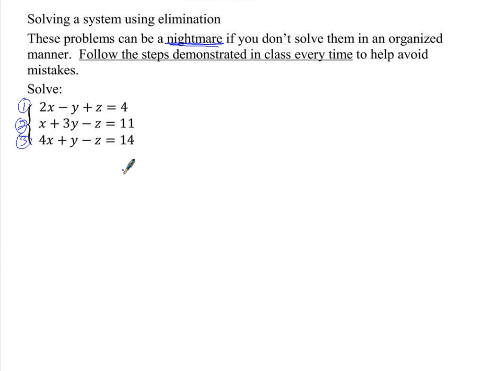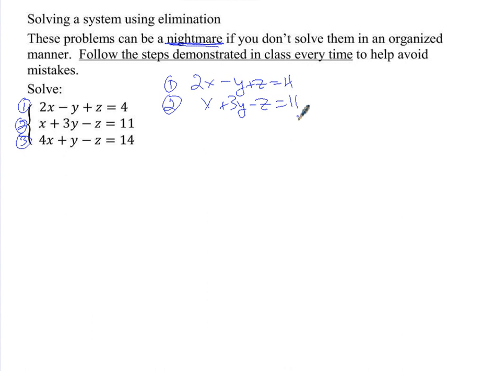So I'm going to pick first equation 1 and equation 2. Then I'm going to rewrite equation 1: 2x minus y plus z equals 4. And I'm going to rewrite equation 2: x plus 3y minus z equals 11.